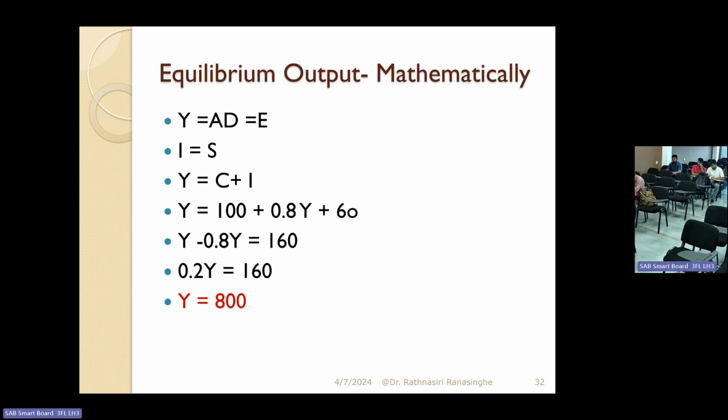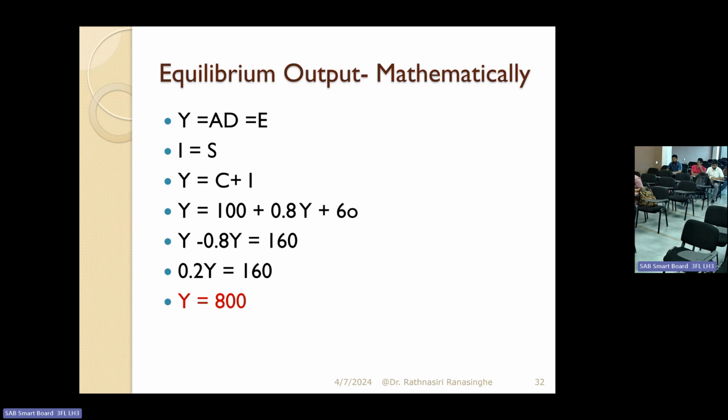So there can be changes in the investment. If you assume investment changes by delta I, what happens? That will lead to a change in income as well, delta Y. So we can assess the change with respect to the change in investment.